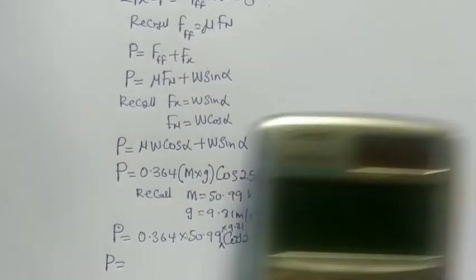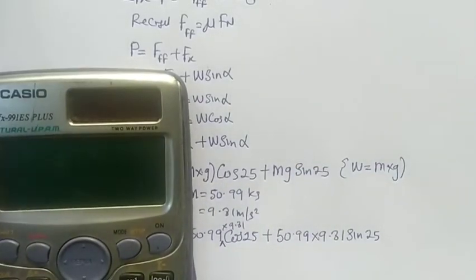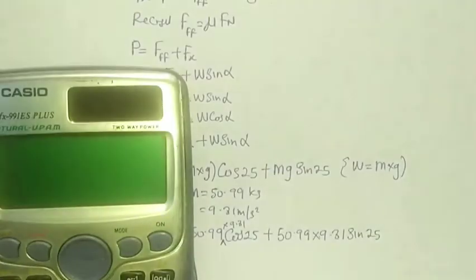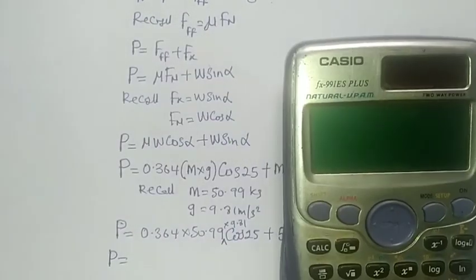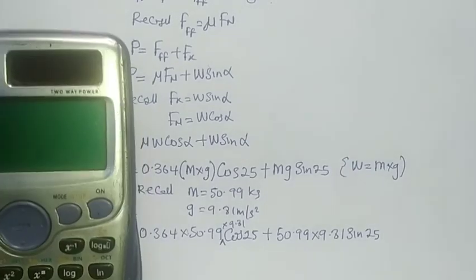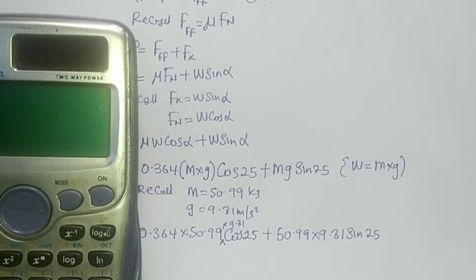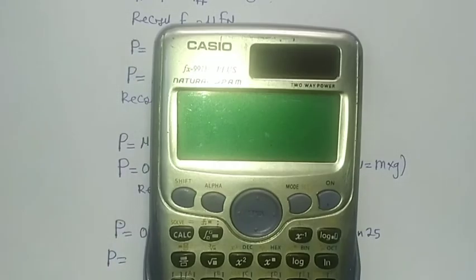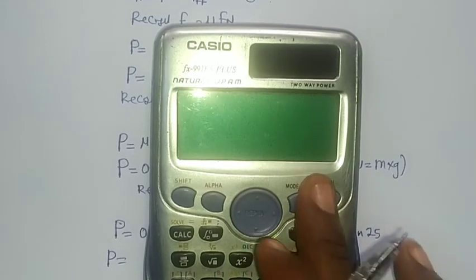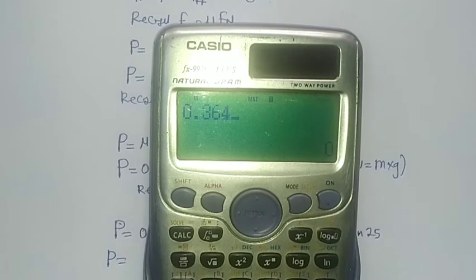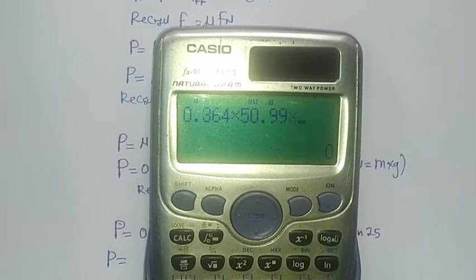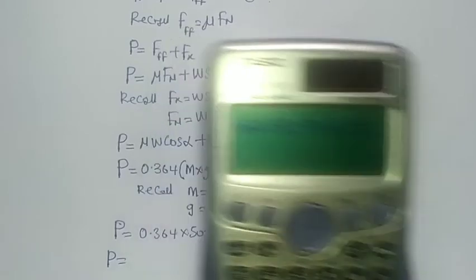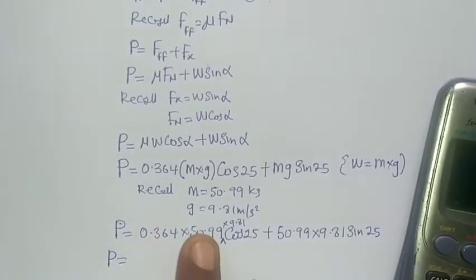So from here we're going to be having 0.364 times 50.99 times 9.81.